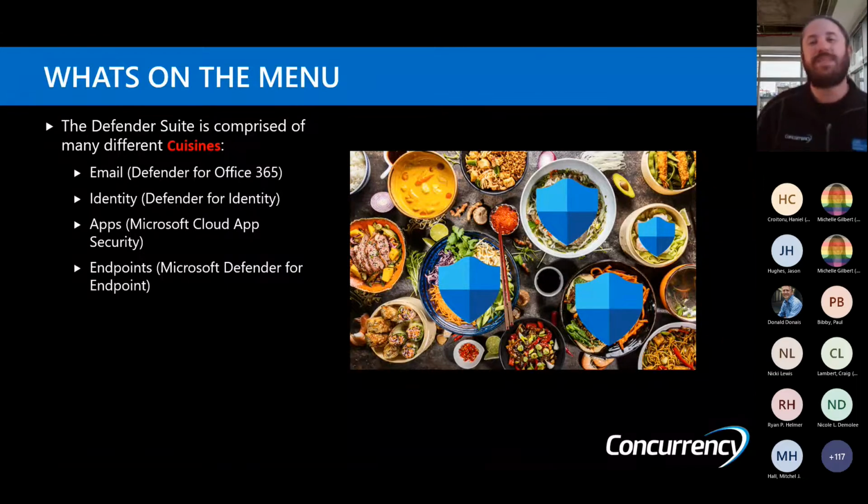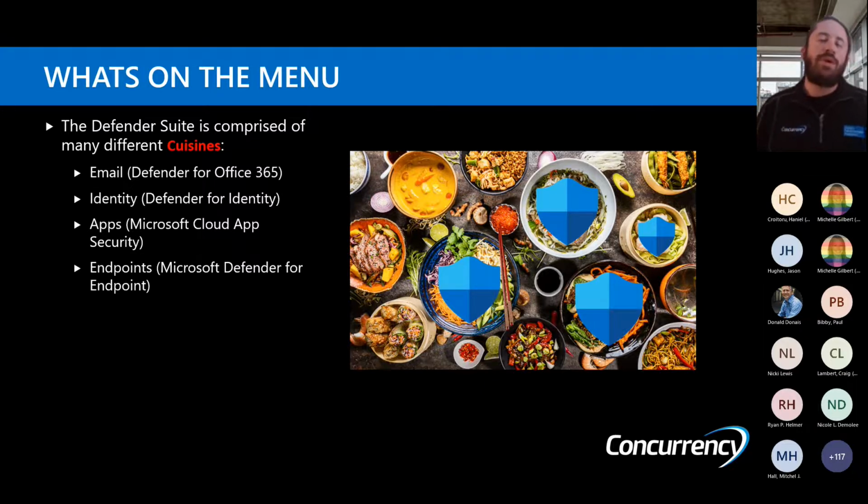We've got email, so that's part of Defender for Office 365. Identity, so you've got Defender for Identity. Yes, I did not update this to say Microsoft Defender for Apps, so I still have Cloud App Security on there, but it's that product as well as the Microsoft Defender for Endpoint product that rounds out the whole suite.